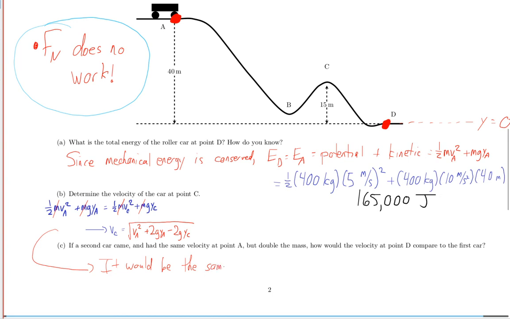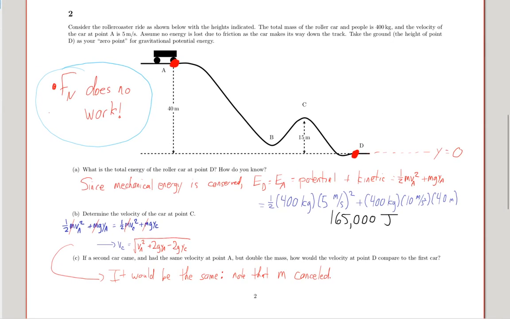It would be the same. Note that m canceled. So this is kind of a very simple, bare bones way to look at gravitational potential energy.